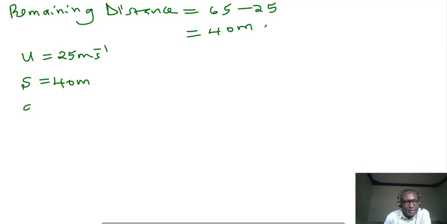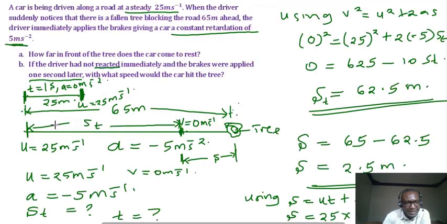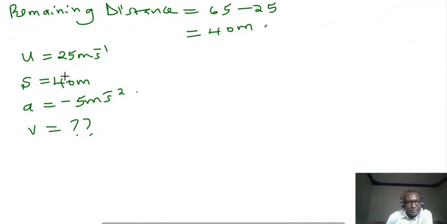We have the acceleration, it is a constant retardation, so we have negative 5 meters per second squared. Then we are looking for v, the velocity or the speed with which the car hits the tree. So based on this information, we are going to use the third one, v squared equal to u squared plus 2as.